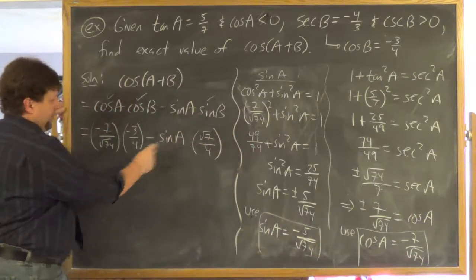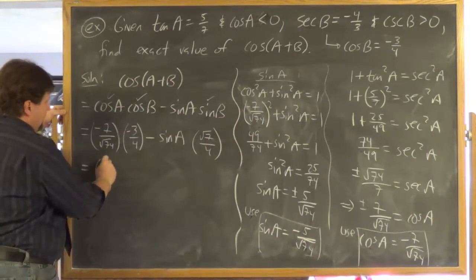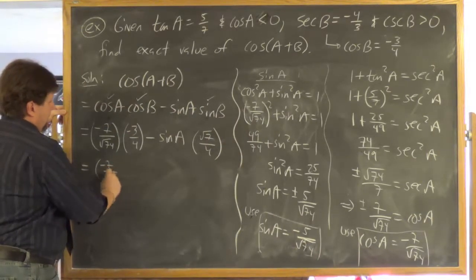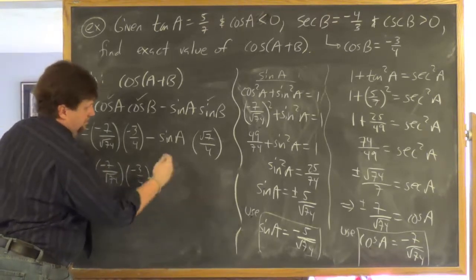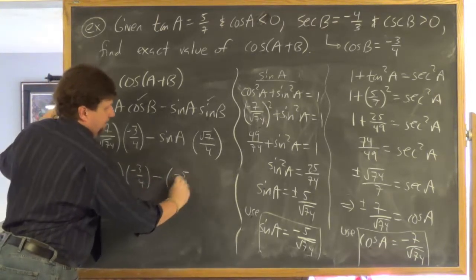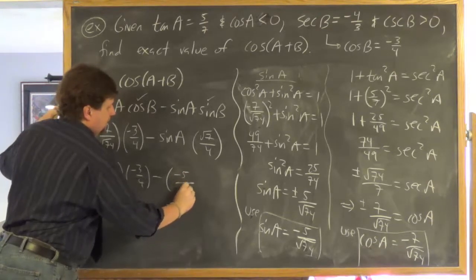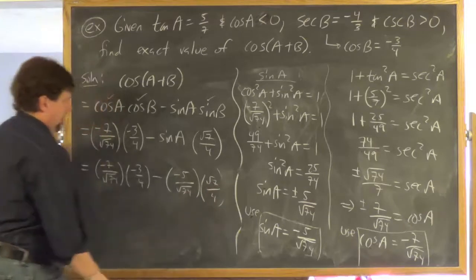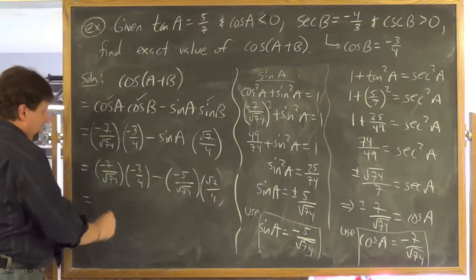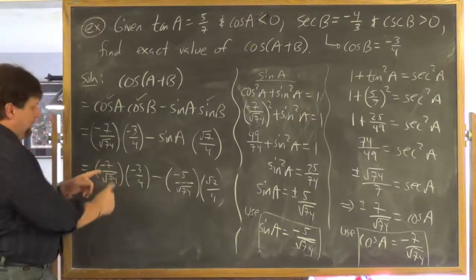Well, now I know what to put in here for the sine of A. So let me pull that mess up here, negative 5 over the square root of 74. And boy, this looks like a mess, but it's not going to be too bad.